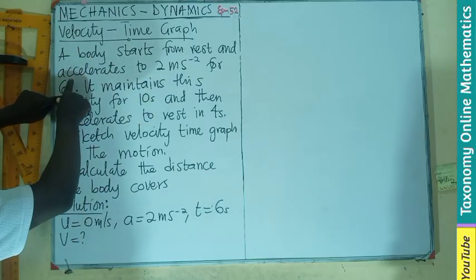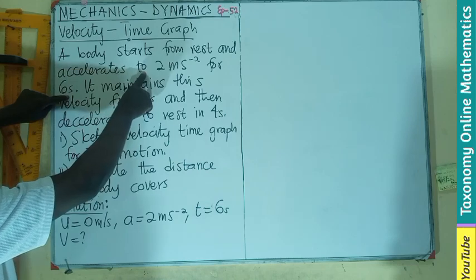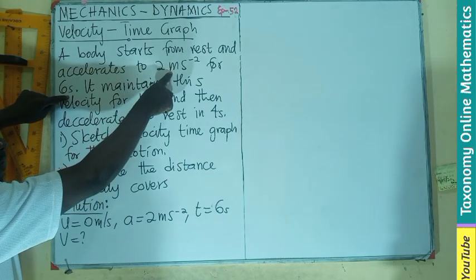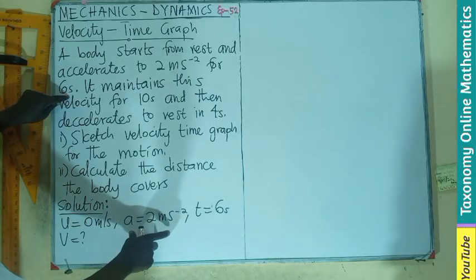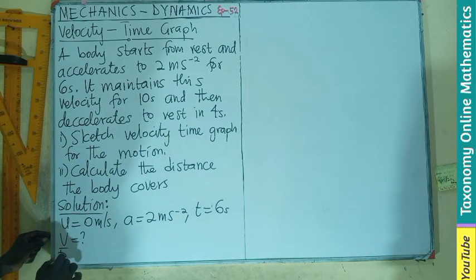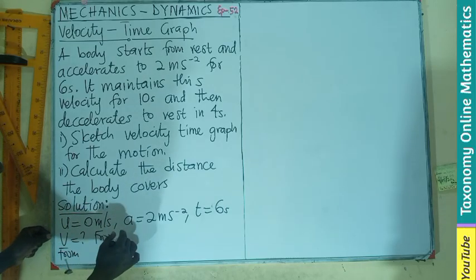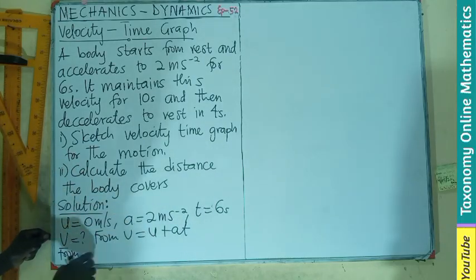Based on this first statement, we can say that it starts from rest and accelerates to a point with this acceleration for this time. We don't know the final velocity the body reaches, so we can find that velocity from v equals u plus at, where u is 0.